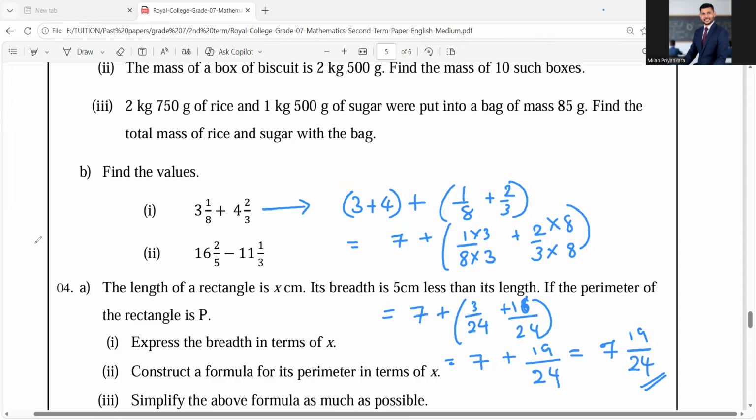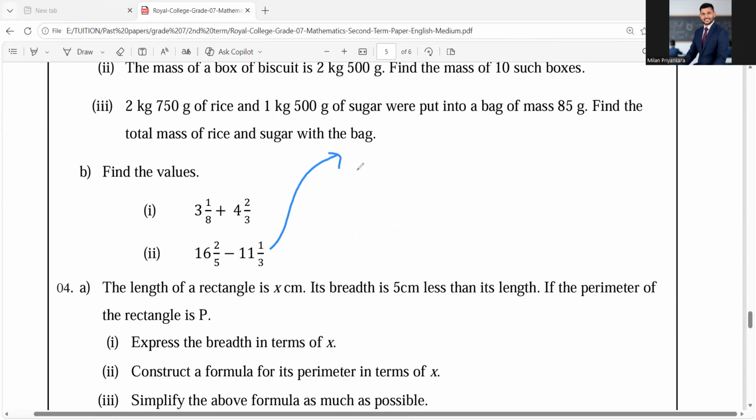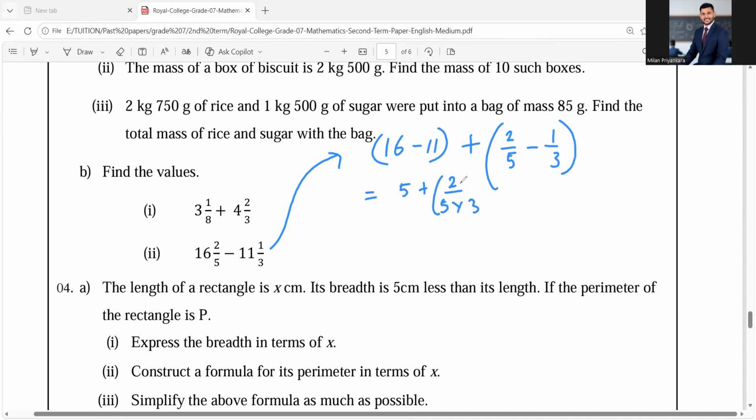Right. Let's go to the other question. This one. Here you have to subtract. I can first subtract 16 minus 11 plus 2 over 5 minus 1 over 3. Here also you have to make a common denominator. 16 minus 11 is 5 plus, the common denominator is 15, because from 3 and 5 you can make 15. 2 over 5 becomes 6 over 15, minus 1 over 3 becomes 5 over 15.